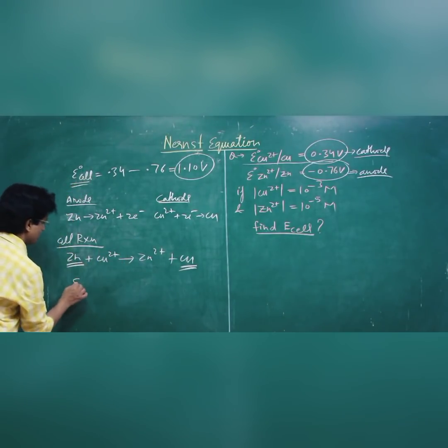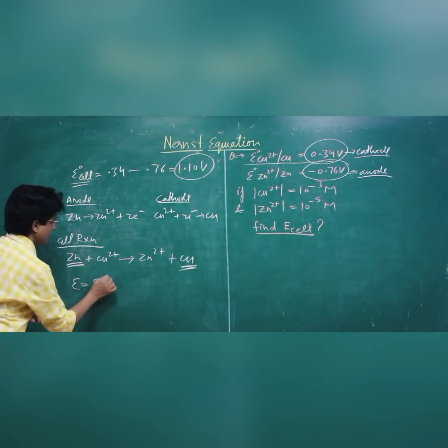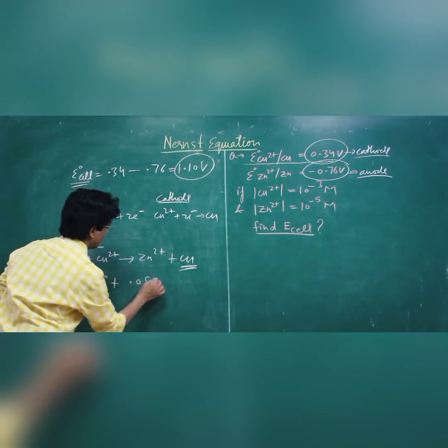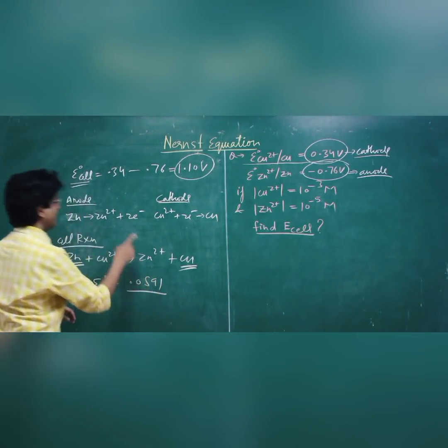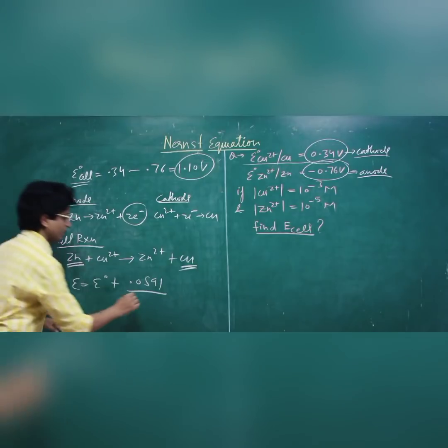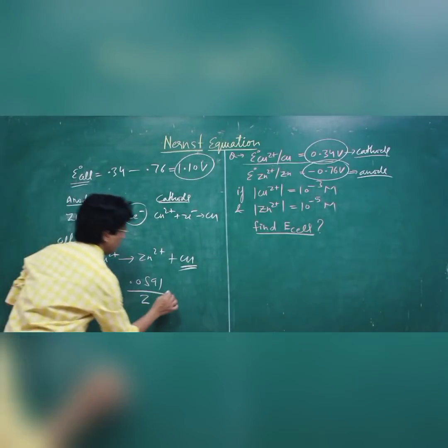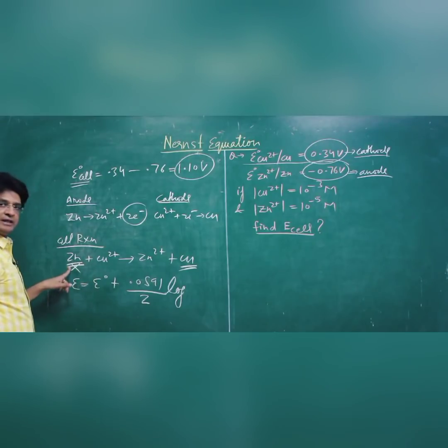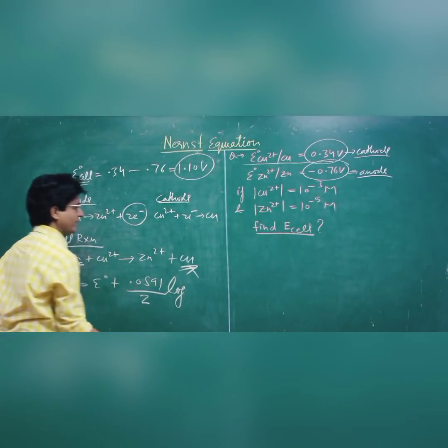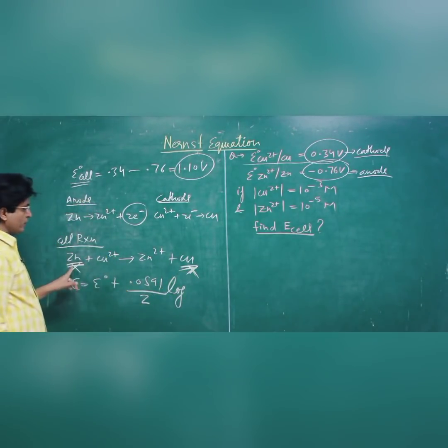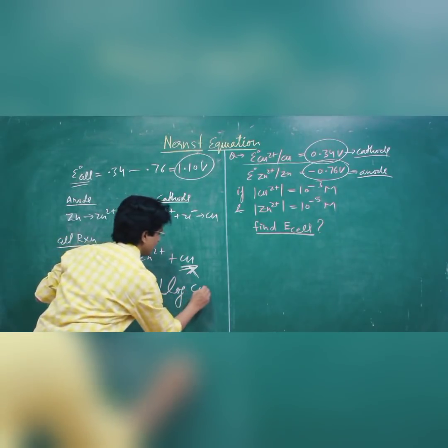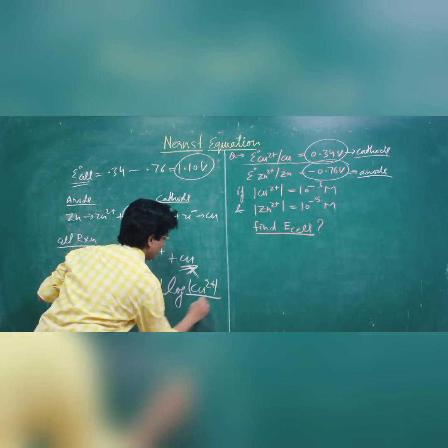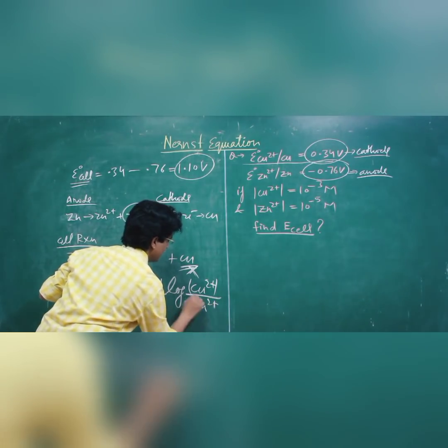So from the Nernst equation, E will be E naught plus 0.0591 upon how many electrons are transferred? 2 electrons are transferred, upon 2 log of reactant. Solids are useless because their active masses are 1. So we have copper ions, so concentration of copper ions upon concentration of zinc ions.